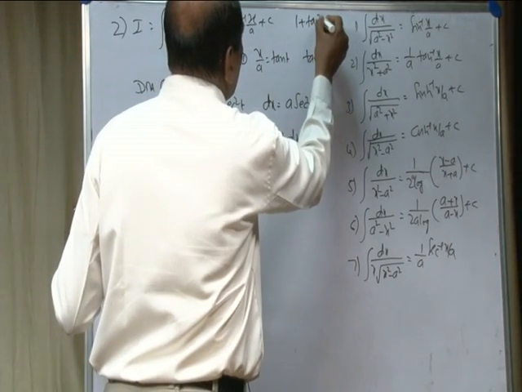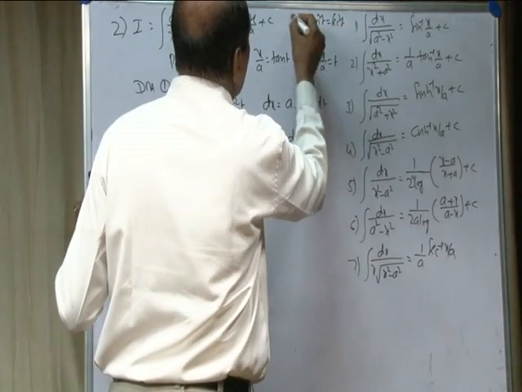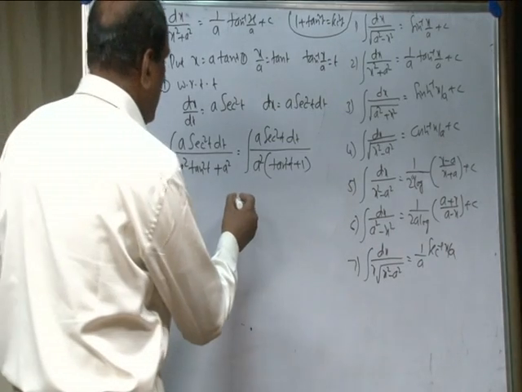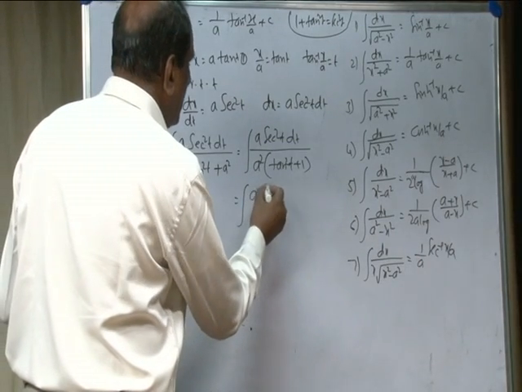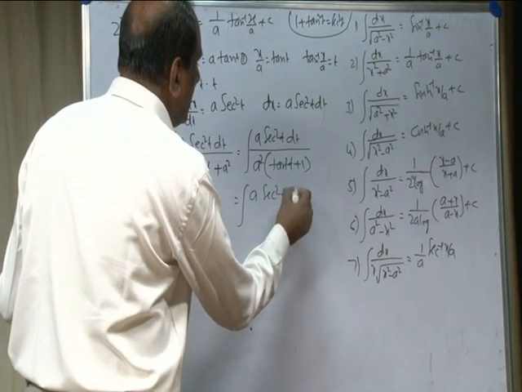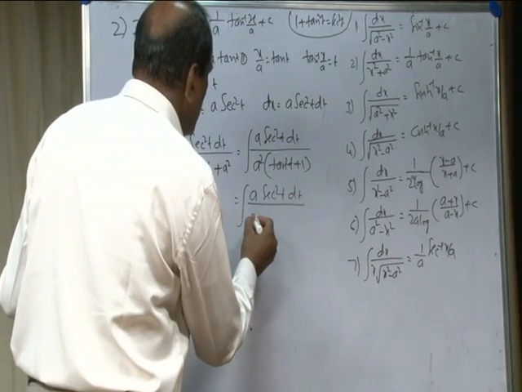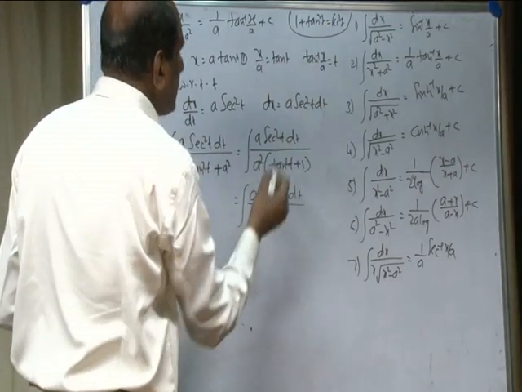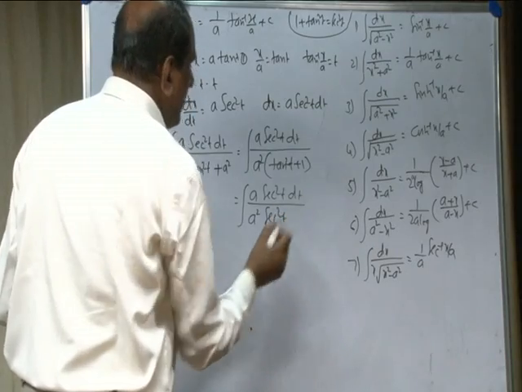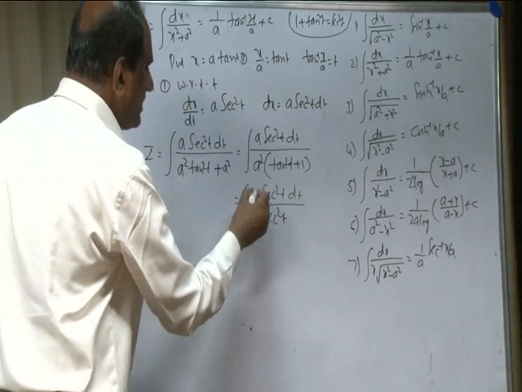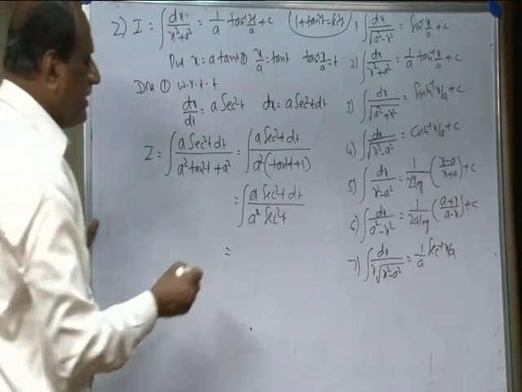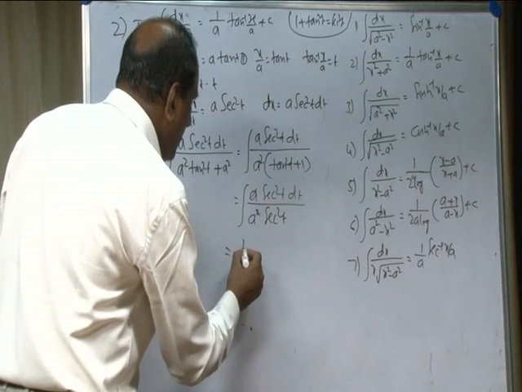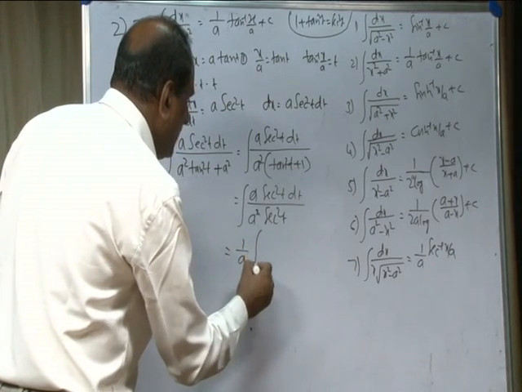Use that identity: a secant square t dt divided by a square into tan square t plus 1, or 1 plus tan square t, which is nothing but secant square t. See here, a cancels with the power in the denominator, we get 1 by a, and secant square t cancels. 1 by a is a constant, take it outside the integral sign.